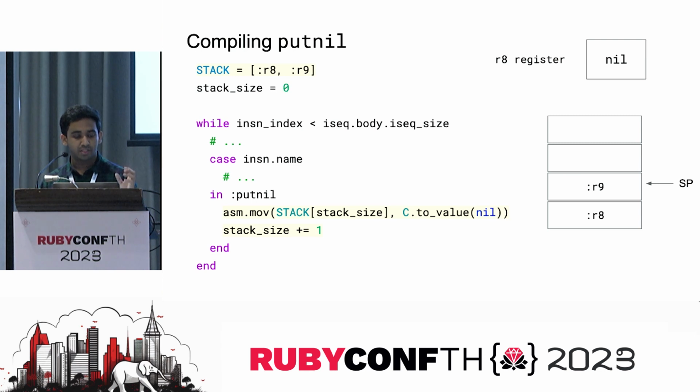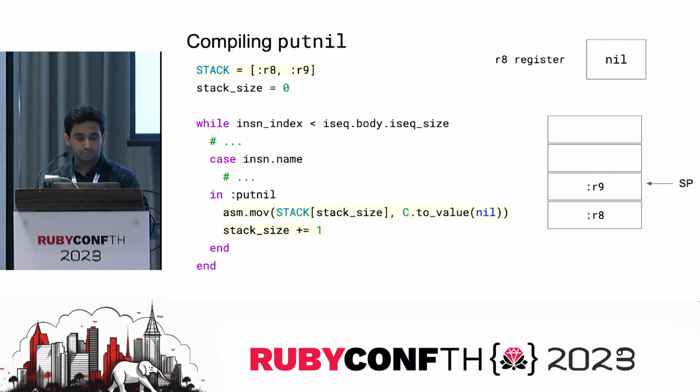If you do assembly.move R8 and this value that is transferred into something that the assembly understands, then your nil will get stored into your R8 register, and then you increment your stack pointer. This way, you are emulating a stack-based machine and using that to put values in your register-based machine.